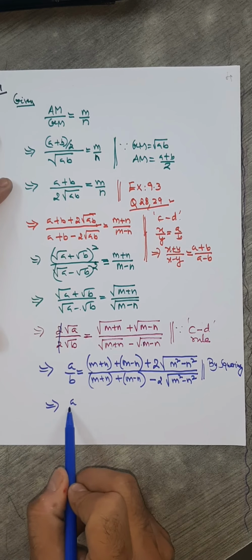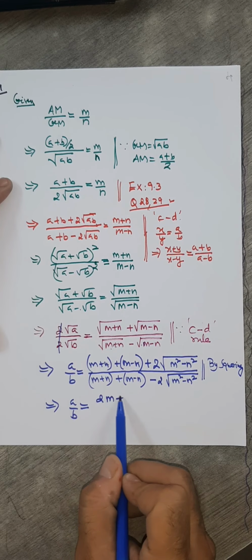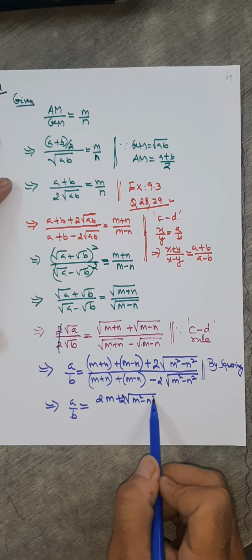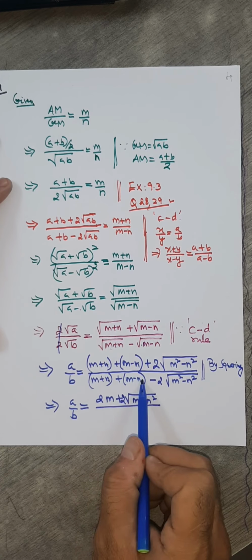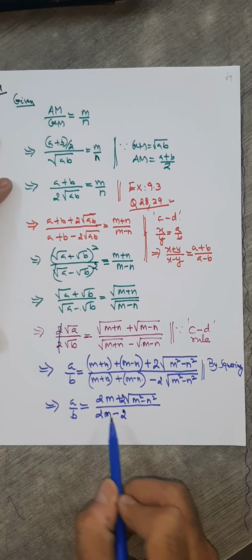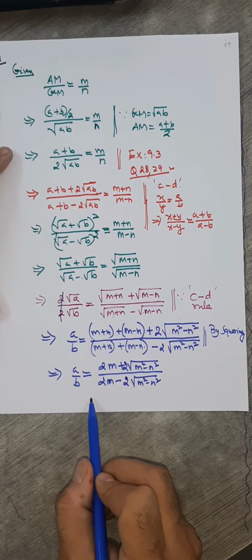Okay, so a by b equals, n will get cancelled. This is 2m plus root twice (m² − n²) upon, n will get cancelled here, 2m minus twice root (m² − n²). So you cancel 2 from both.